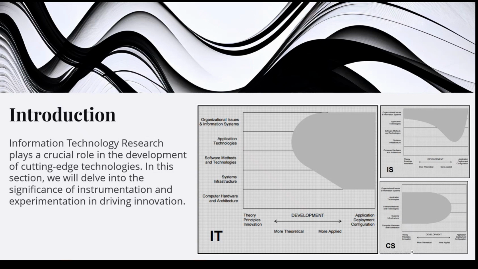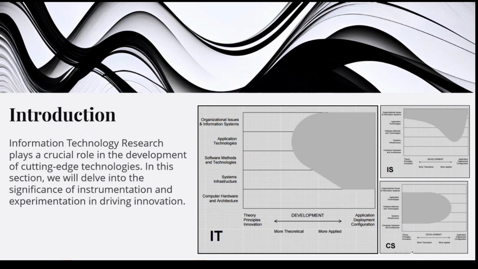To address those, information system also studies the application technologies and, to a certain degree, software methods and technologies to solve those issues. Even though it is biased towards application, there are elements of theory, principles, and innovation, especially from the human side.